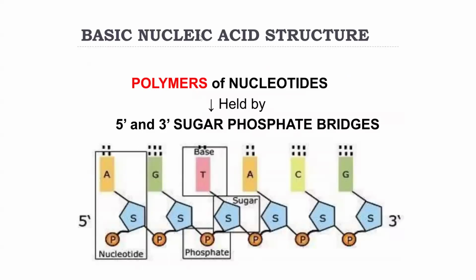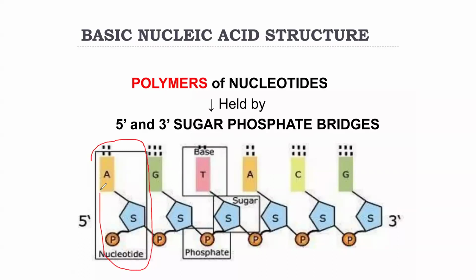So now, we are going to look at the basic nucleic acid structure. So remember that we said that the DNA is a polymer of nucleotides and it's held by 5' and 3' sugar phosphate bridges. So you see, as I explained, this is a nucleotide.